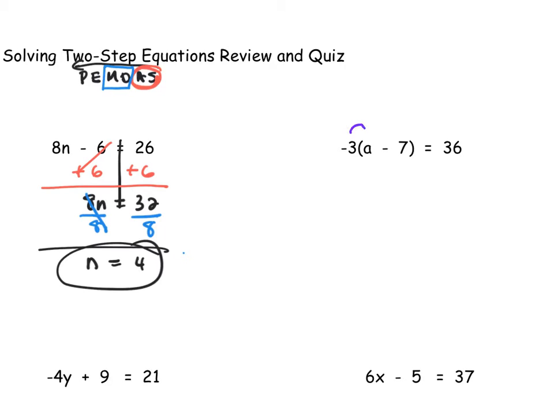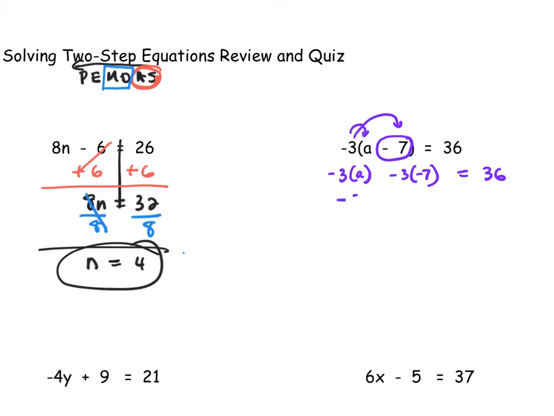We take this negative 3 times a, and then I'm going to look at this minus 7 like it's a negative 7, so negative 3 times negative 7. We're trying to get rid of the parentheses, and I'm just going to let equals 36 hang out until we have the parentheses released.